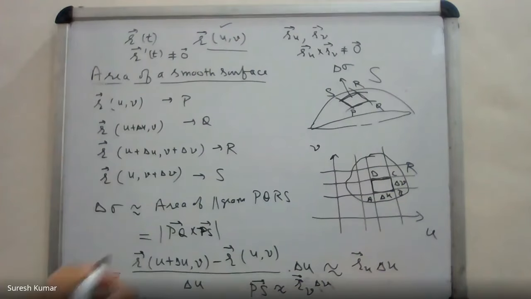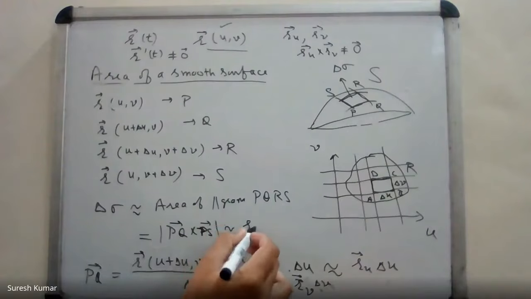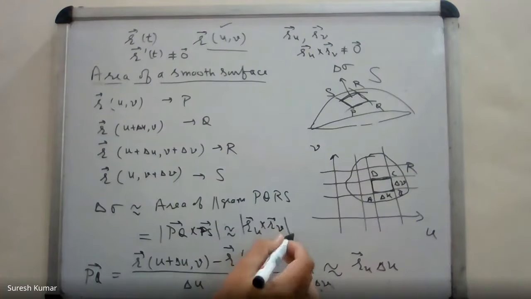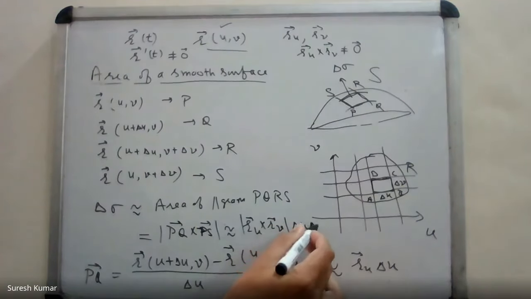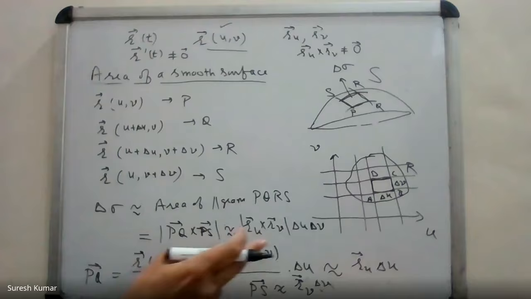Right? So what is this? This is approximately the magnitude of R_u cross R_v times delta u delta v. These are scalars, we can write them outside. Correct? So the area of this patch is this.